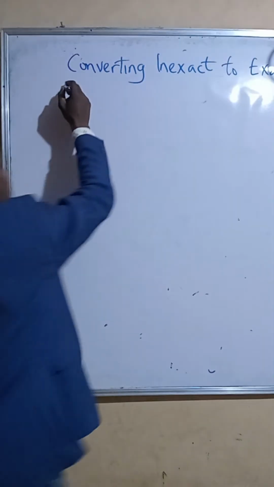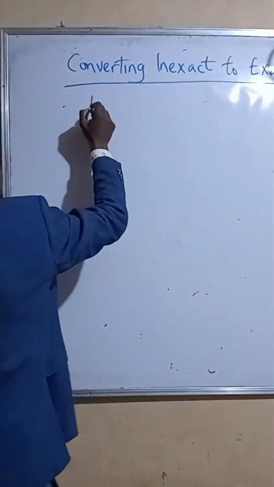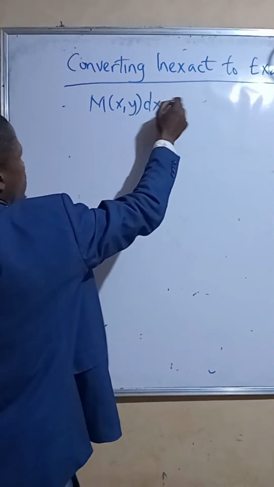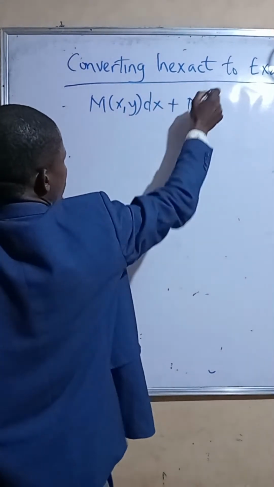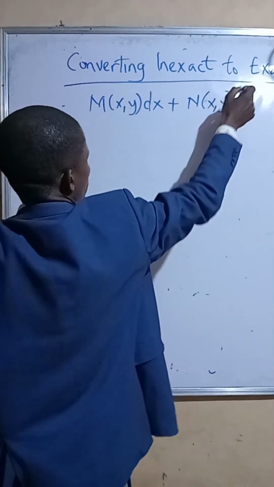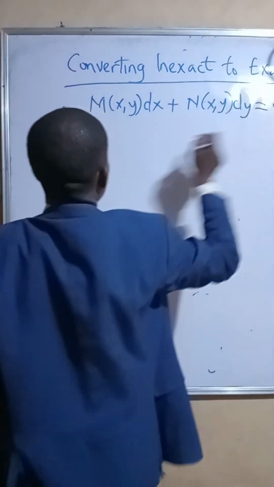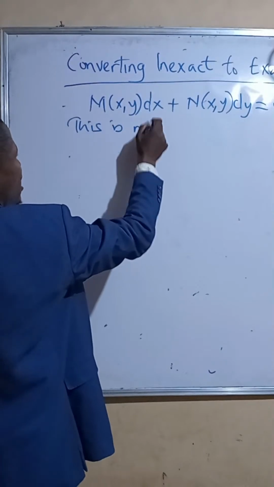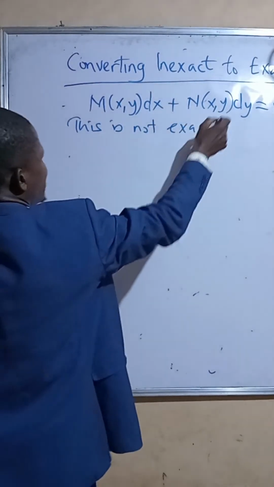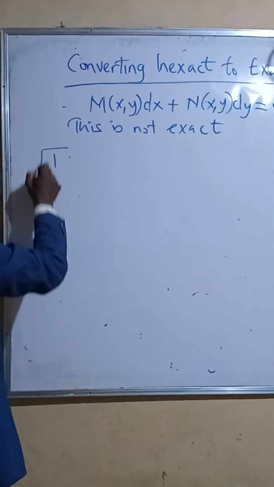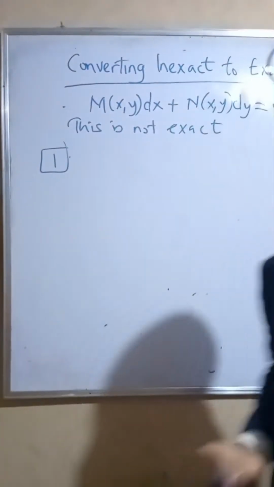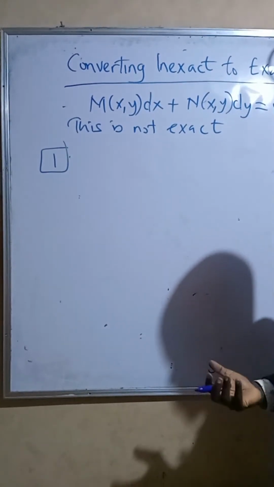So if you have this as your differential equation, plus this, dy equal to 0, and this is not exact, then you can try the following formula to get your integrating factor.